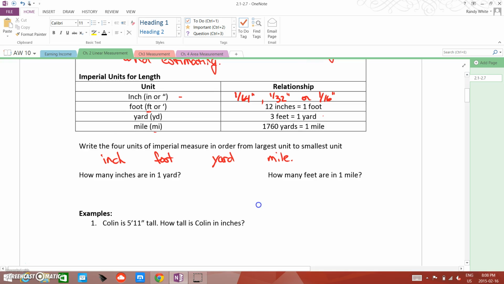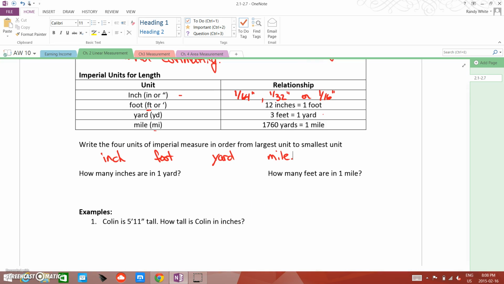So how many inches are in 1 yard? Well, I know 1 yard equals 3 feet, and 1 foot equals 12 inches. So I'm going to take my 12 inches, times that by 3, which is 36 inches.